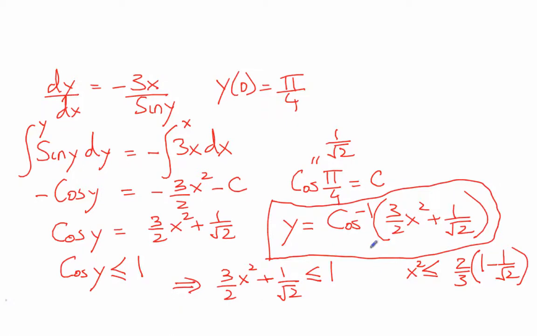And so that says that this over here is a solution provided x squared is less than this, which of course means that x has to be lesser than or equal to the square root of 2 over 3 into 1 minus 1 over square root of 2, and it has to be greater than or equal to minus that same number.